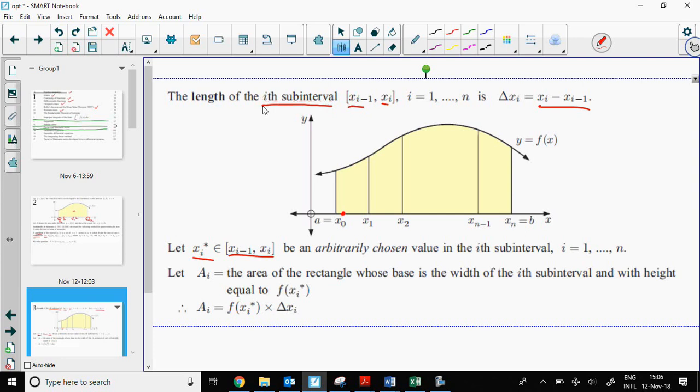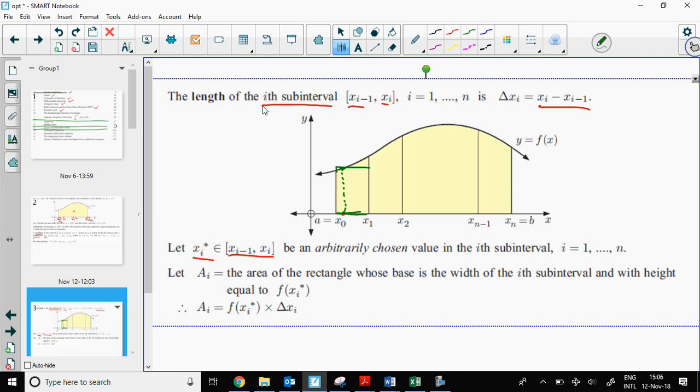I'm now going to make a rectangle whose base is exactly equal to the width of the subinterval, and whose height is equal to the value of the function at x sub 1 star. So wherever that arbitrary x value was, I go up and find a height. So I'm going to make a rectangle at exactly that height, at exactly the width of this subinterval.